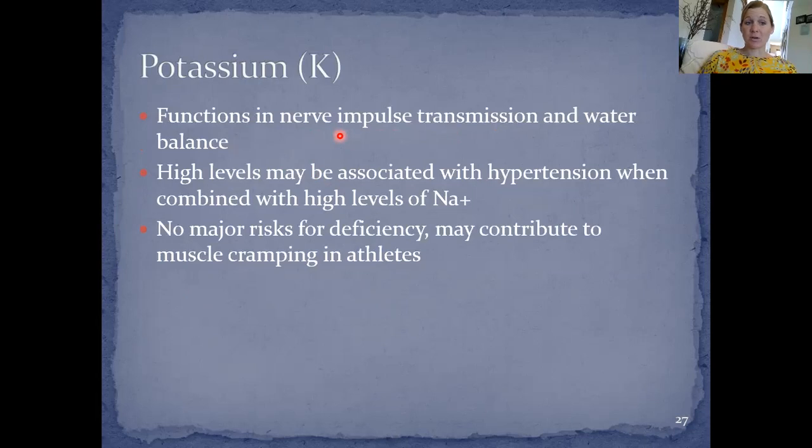It can also assist with water balance as well. There are a lot of similarities between potassium and what we just talked about with sodium. High levels of potassium could be associated with hypertension if they're combined with those high levels of sodium that we talked about in the previous slide.